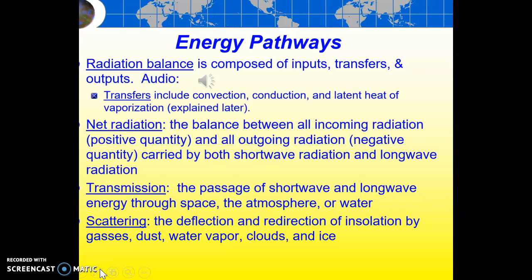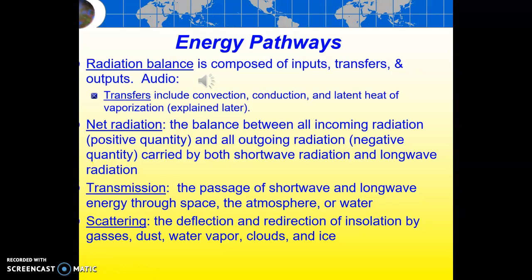So those transfers include convection, which would be a heated surface or rising air, conduction, where some of the heat is conducted from the Earth's surface where it's received from the sun to some depth below, and latent heat of vaporization, which we will explain later.